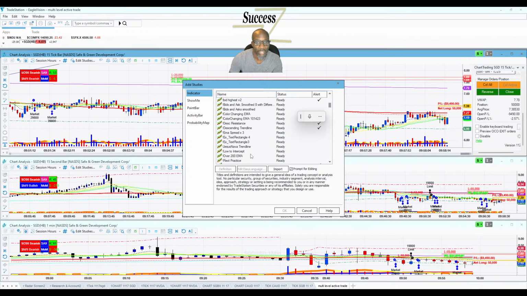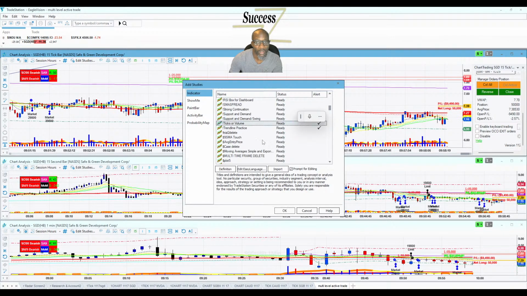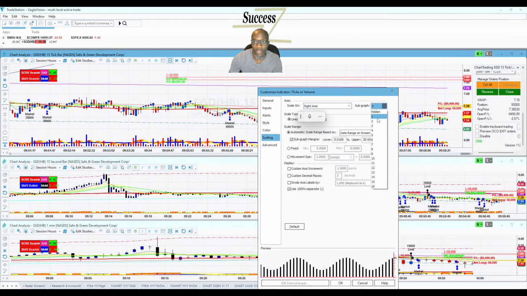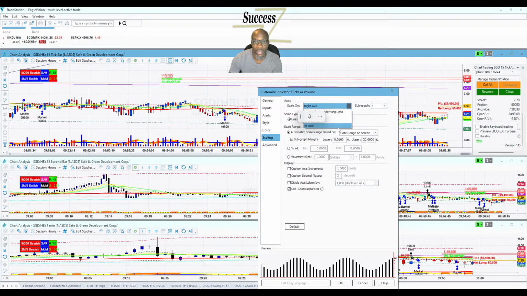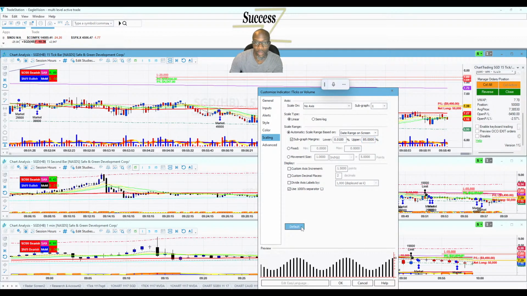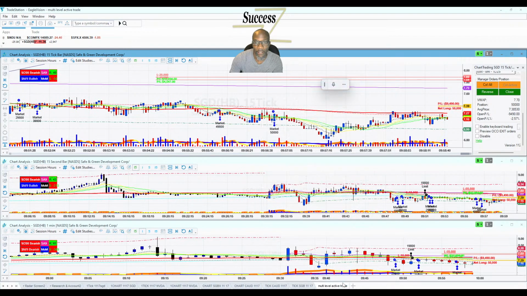Volume or tick, I think it is. That'll be on the right axis, subgraph 2. Actually, no axis, subgraph 2. Yep, the sub margin is 0.2, 20%, that'll be 85%. 85.0, that's the default for that. Okay.